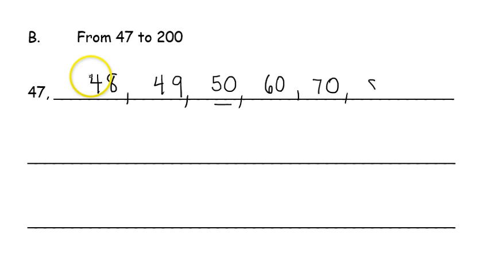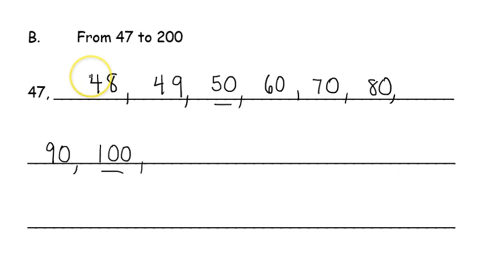Here's another example. This time we're going to start at 47 and count to 200. I'll start by counting by ones, 47, 48, 49, 50. From 50, I'm going to count by tens, 60, 70, 80, 90, 100.